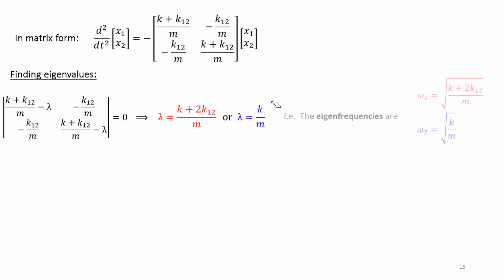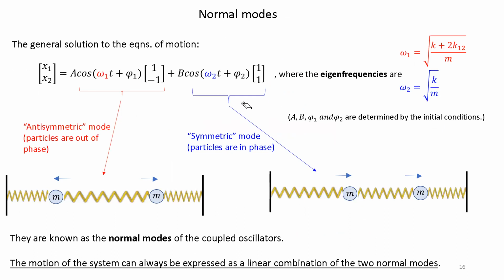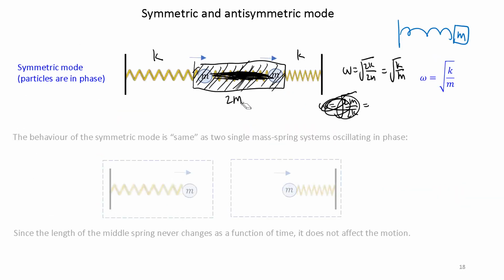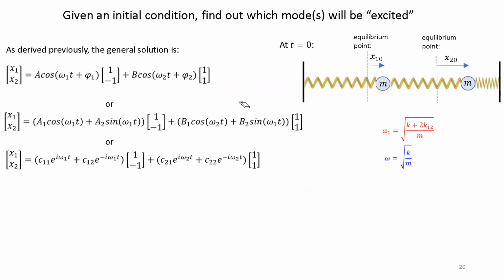So let's try to see the mathematical methods. The general question is, given an initial condition, find out which modes will be excited. In general, the initial condition I give is: I pull this mass to the right by x1 naught, and pull the other one to the right by x2 naught.